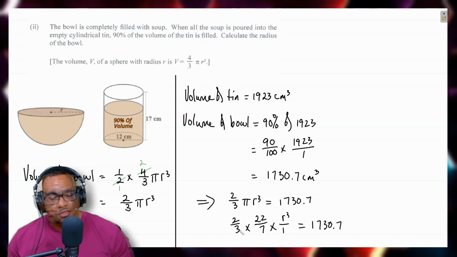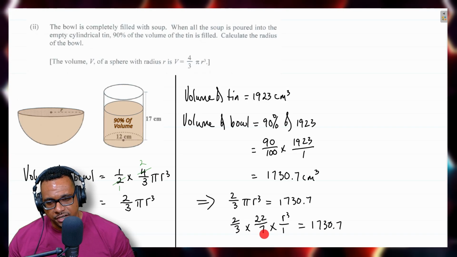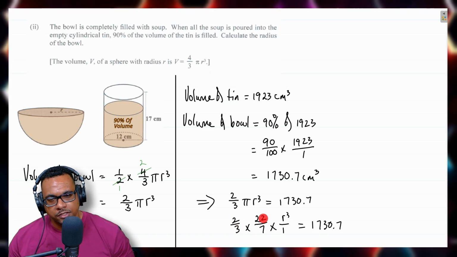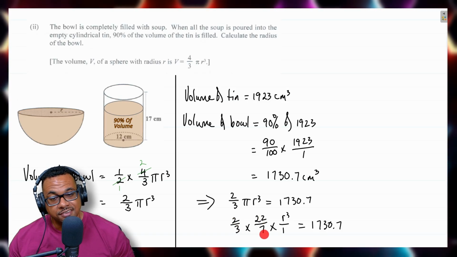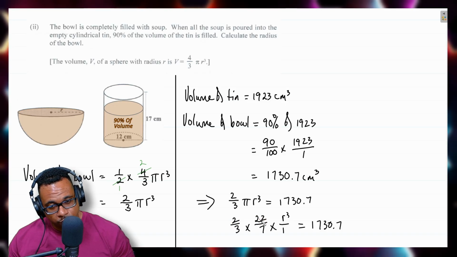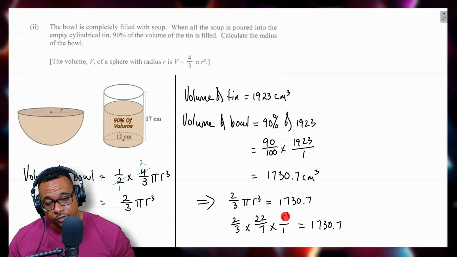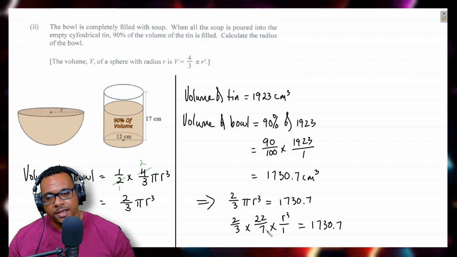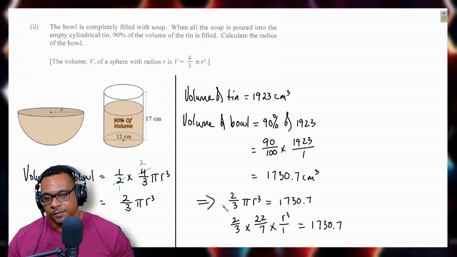Is equal to 1,730.7. So now we've seen that nothing would cancel with the fractions here. So we can multiply 2 by 22 and get 44, and 3 by 7 and get 21. So it'll be 2 by 22, 44, 44 by R cube. So that'll be 44 R cube, and 3 by 7, 21 by 1, still 21.